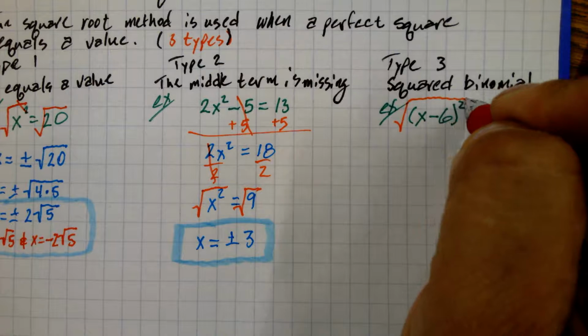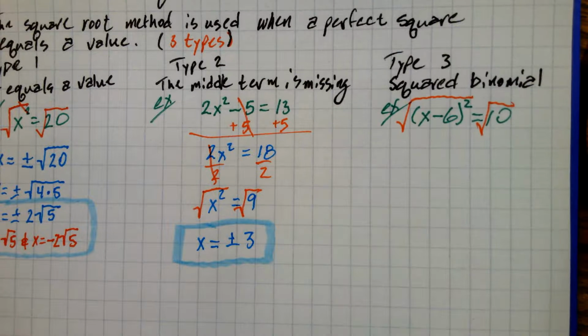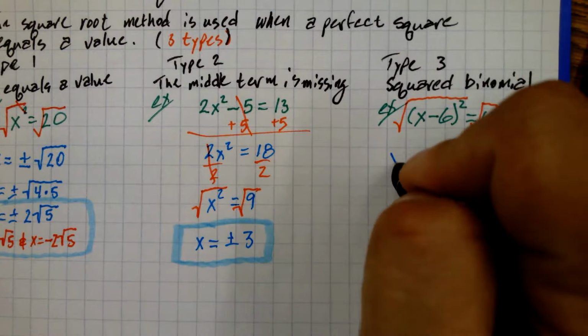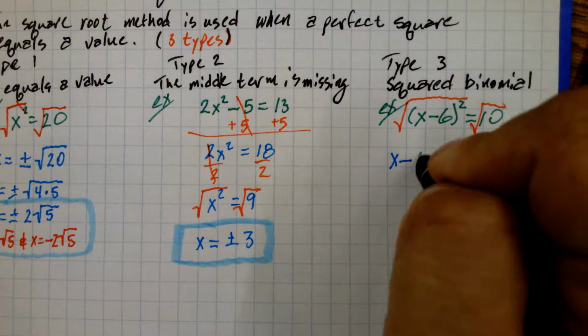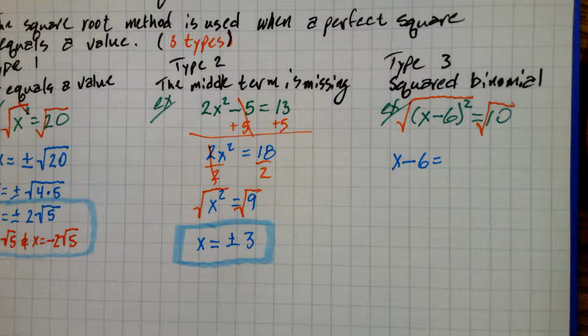Yeah. Anything that's squared, guys, you could square root it. Okay, so that gives me just x minus 6 equals square root of 10.